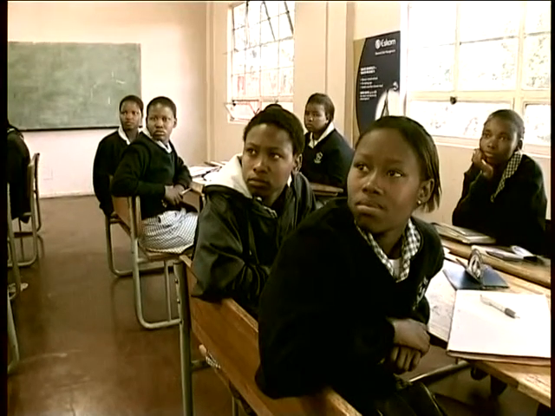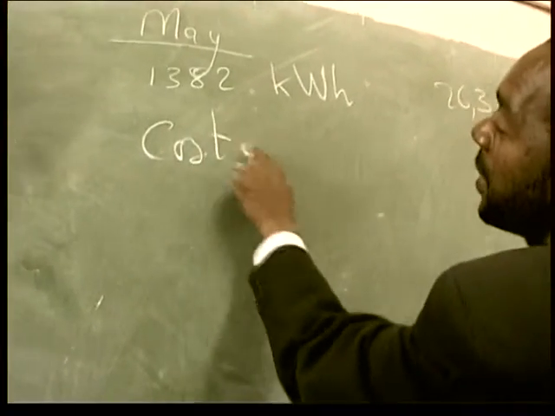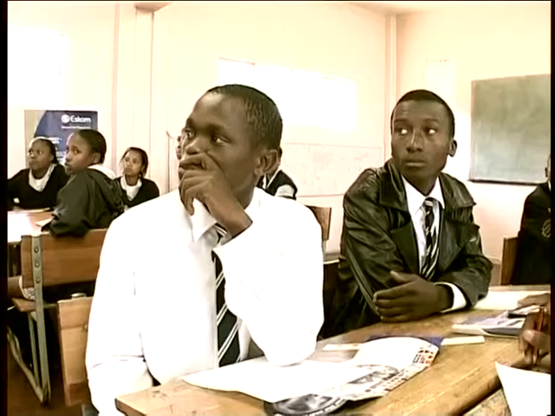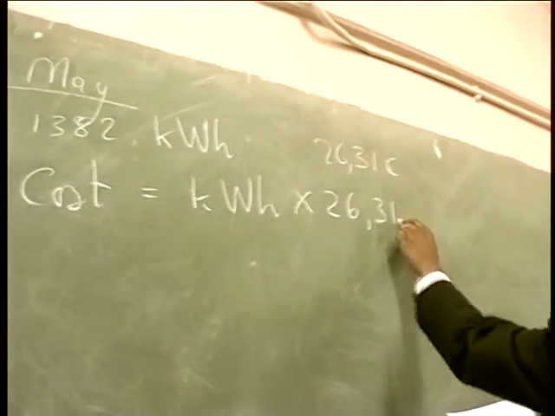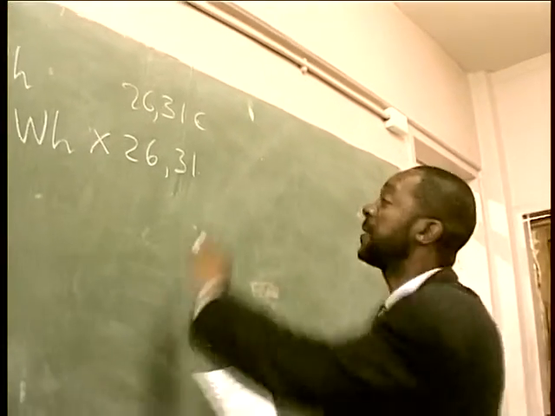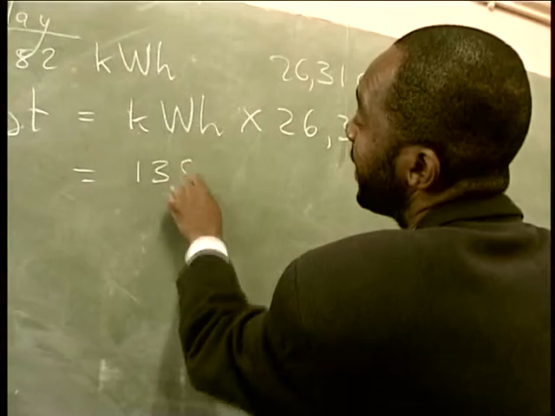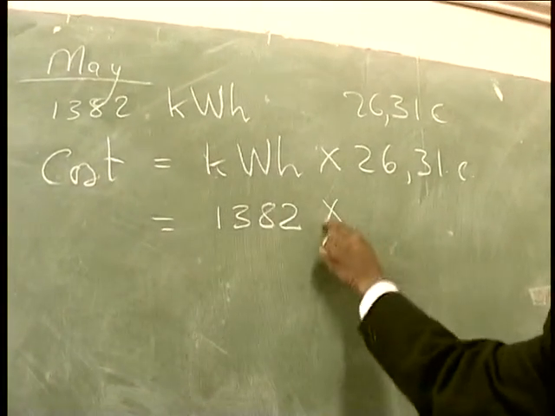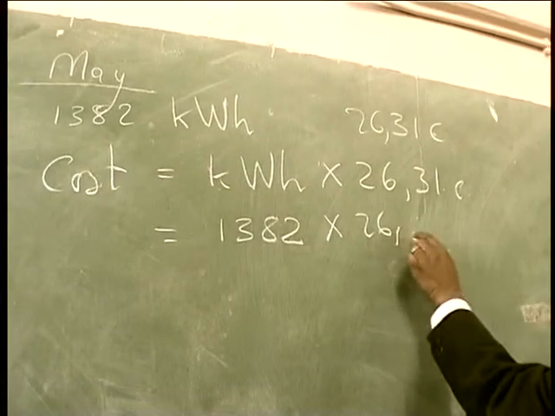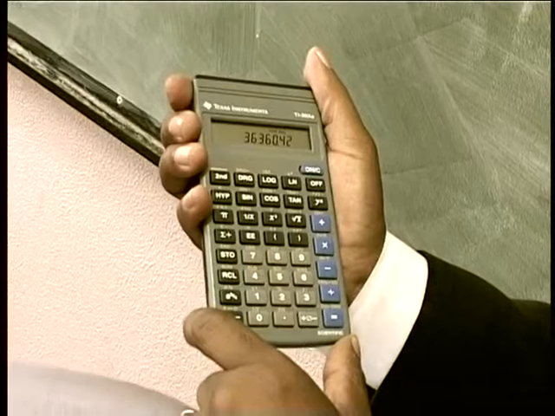The cost for the month of May is equal to the amount of power used multiplied by the cost of each unit in cents, which is 1,382 kilowatt hours multiplied by 26.31 cents.